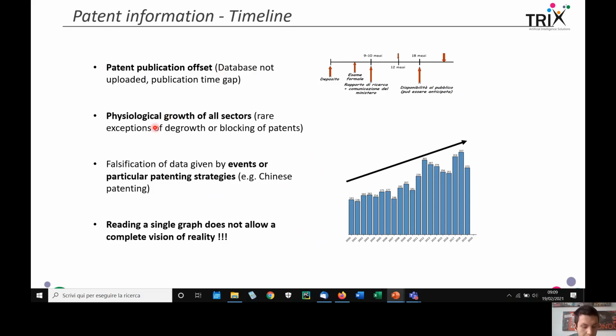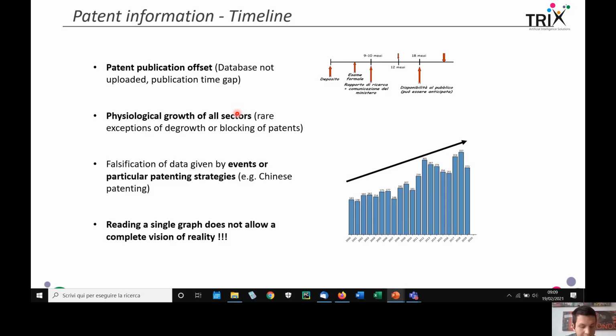Second, we will always see a growing trend in patents, for example, in this case, even in an old or legacy sector. For example, analogical camera is a growth sector also in this year because patents always have a psychological growth given by many factors.